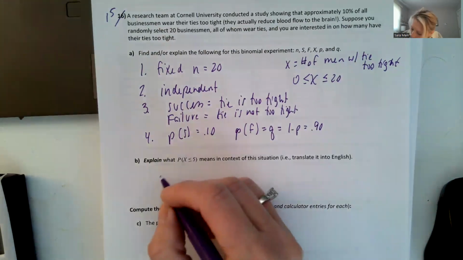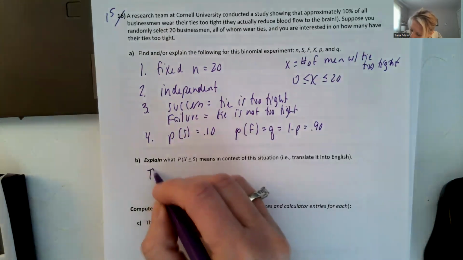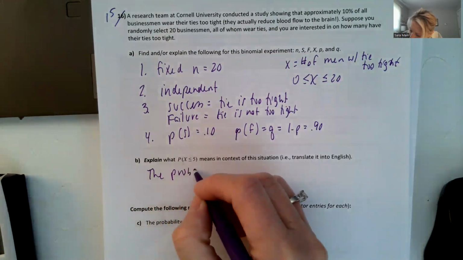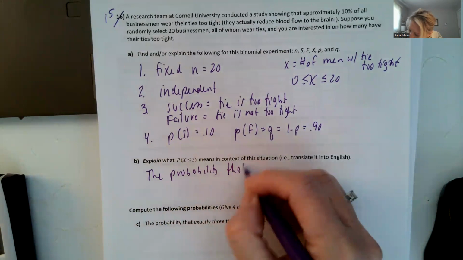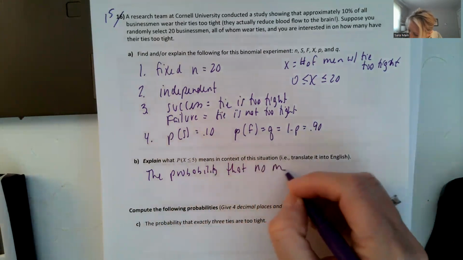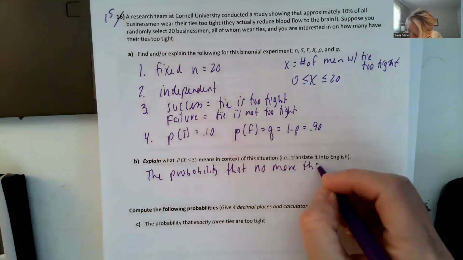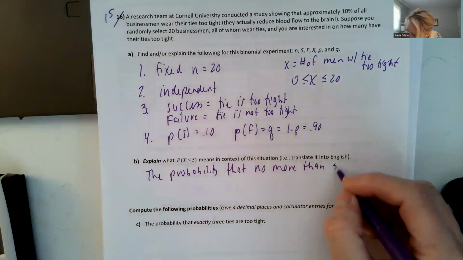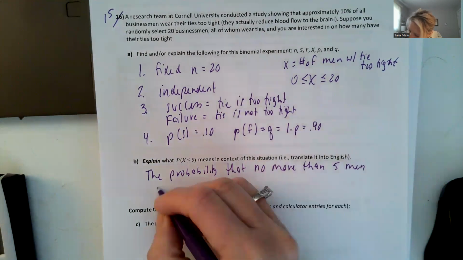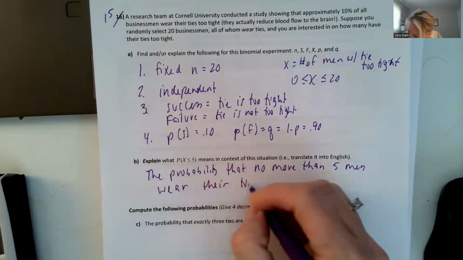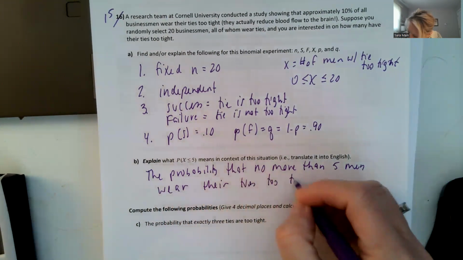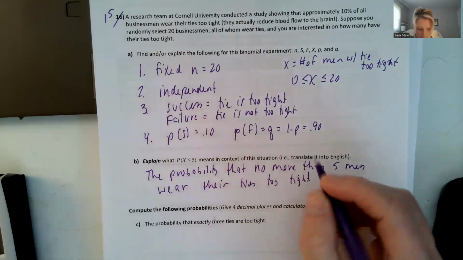So it means, what is the probability that no more than 5, because we're including 5, so no more than 5 men wear their ties too tight.